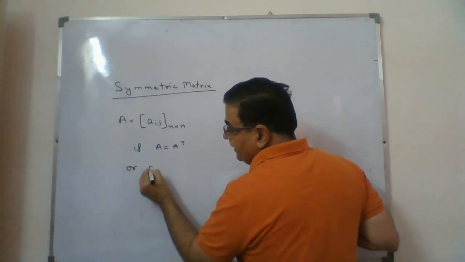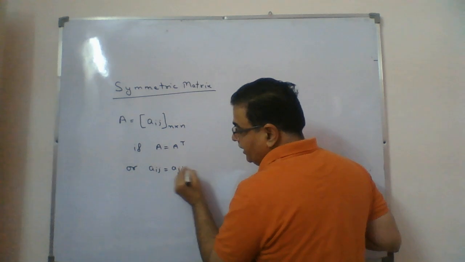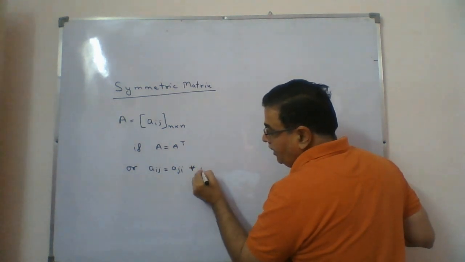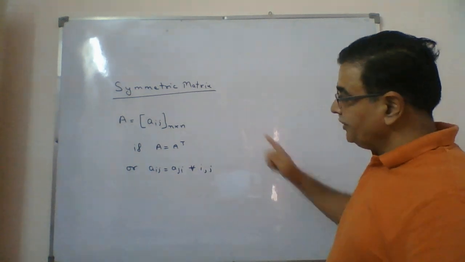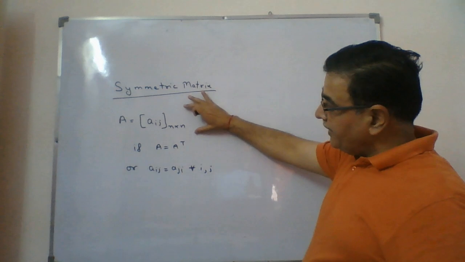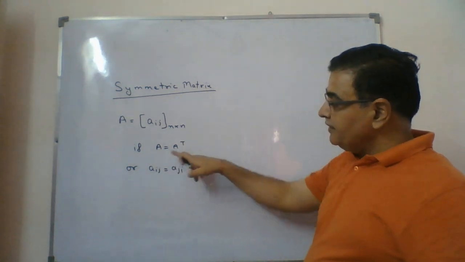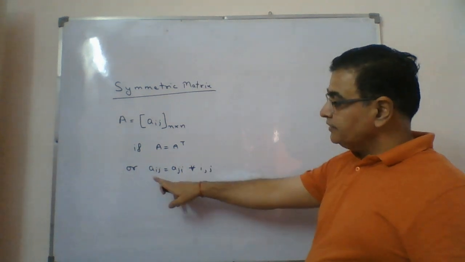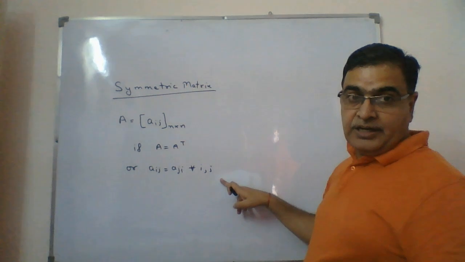Or I can say Aij is equal to Aji for all i and j. Symmetric matrix means a matrix which should be a square one, said to be symmetric if A is equal to A transpose, or I should say Aij is equal to Aji for all i and j elements.